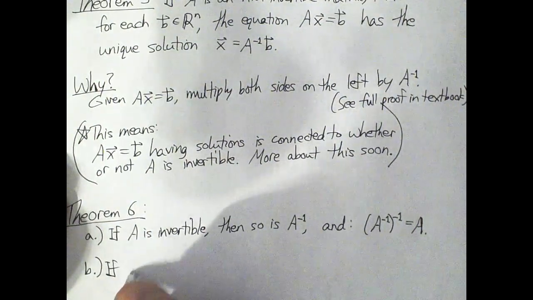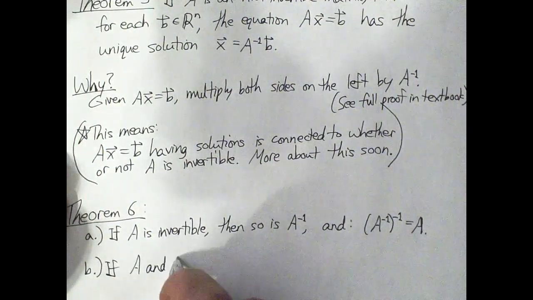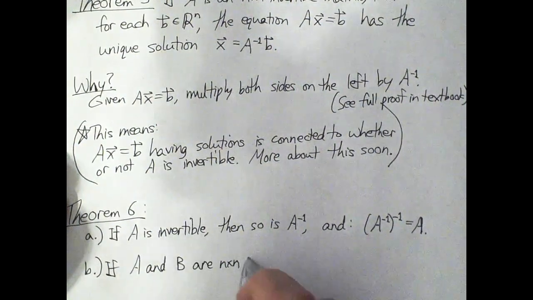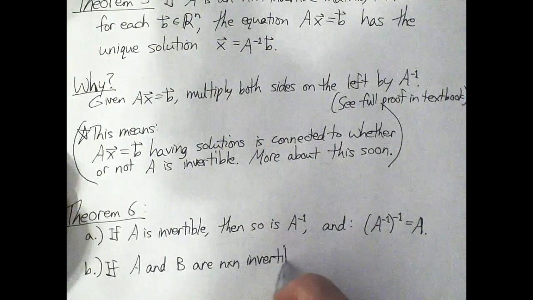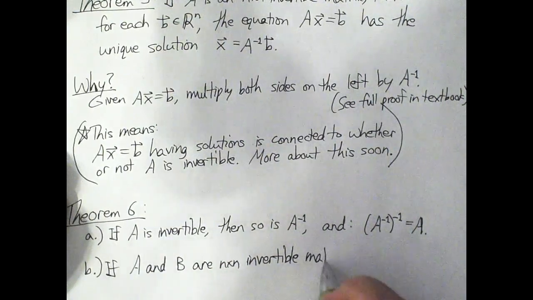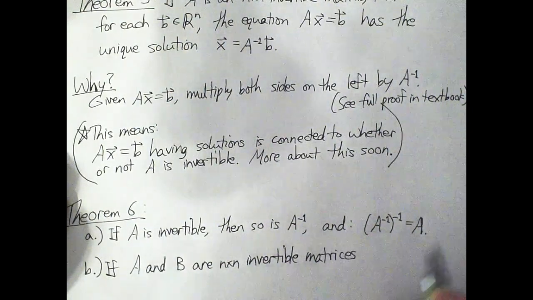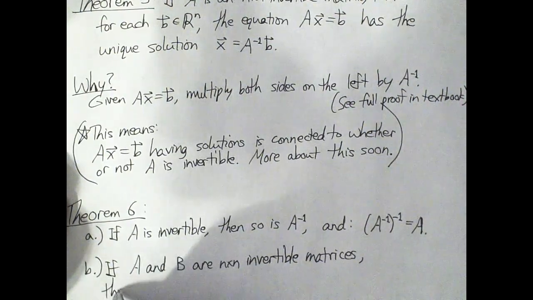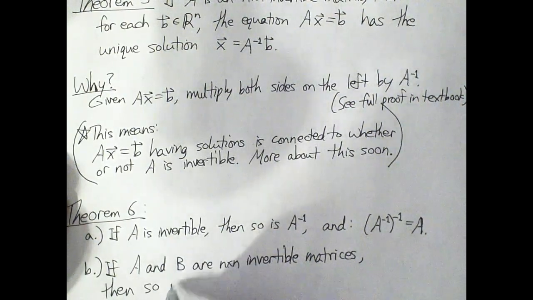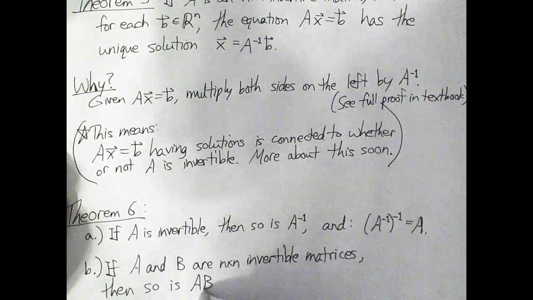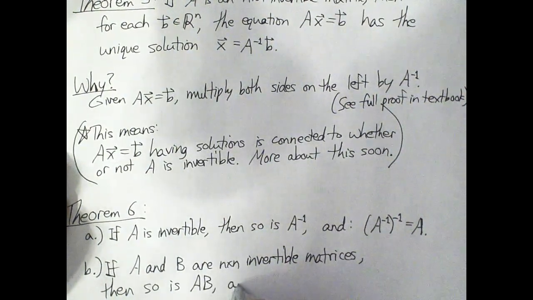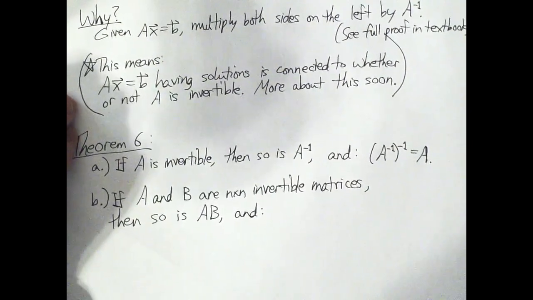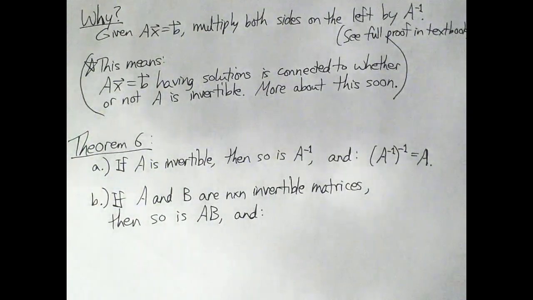Part B, if A and B are n by n invertible matrices, so they're both invertible, they're both the same size, then so is AB, their product.